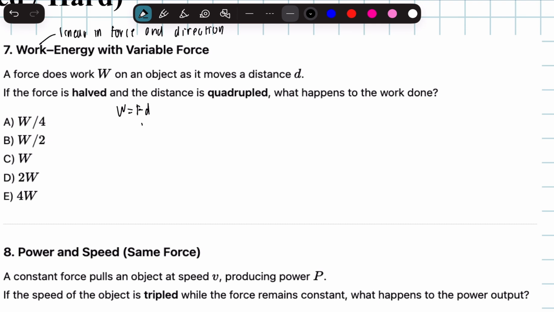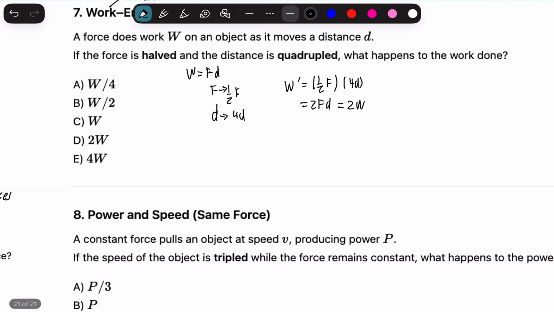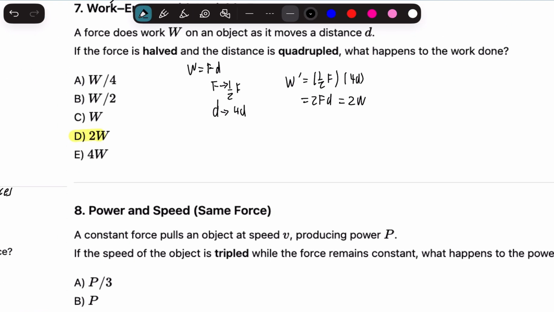So now we can change F to 1/2 F and D to 4D. So that means W prime is going to be equal to 1/2 times F times 4 times D, which is just 2FD, which is just equal to 2 times the work. So that's just going to be D.